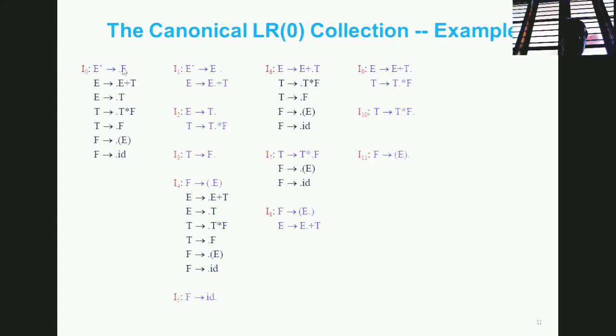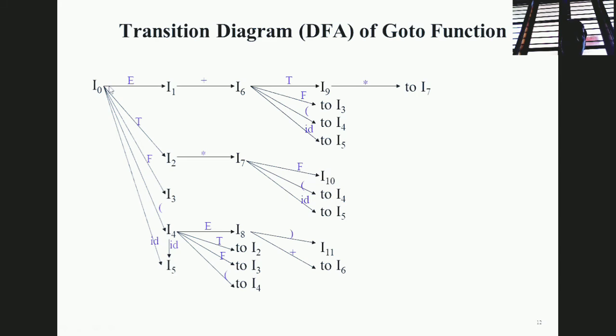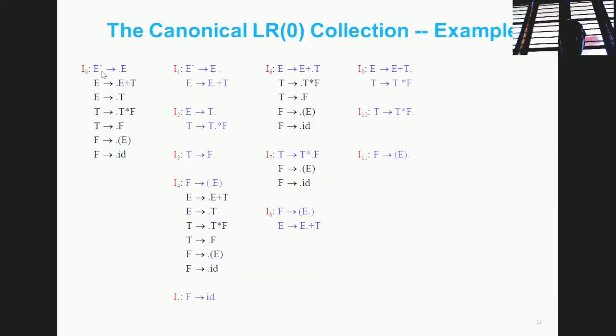Once you complete this, you use the go-to statement. Go-to of I naught on E, the symbol you find after the dot, will take you to the next state, that is E dash tends to E dot and E tends to E dot plus T. That is a new state. Similarly for T, you get E tends to T dot, and one more, T tends to T dot star F. That becomes a new state.